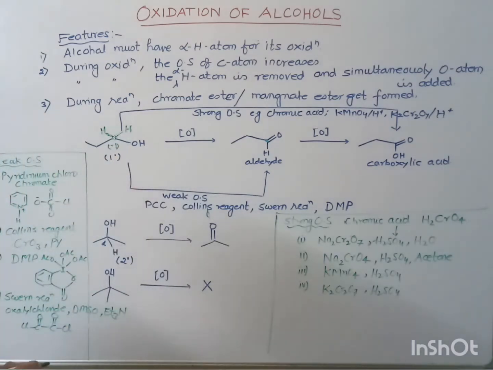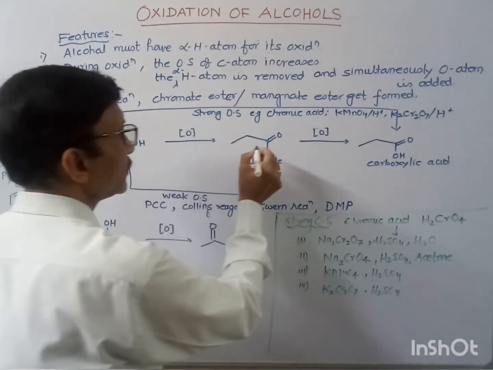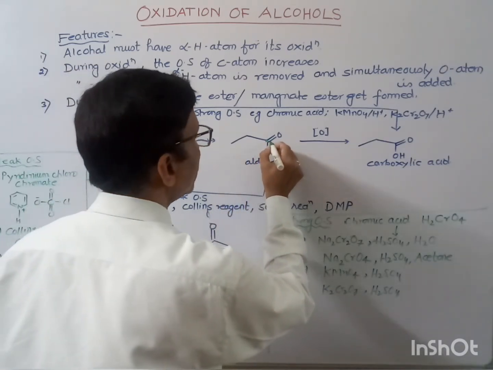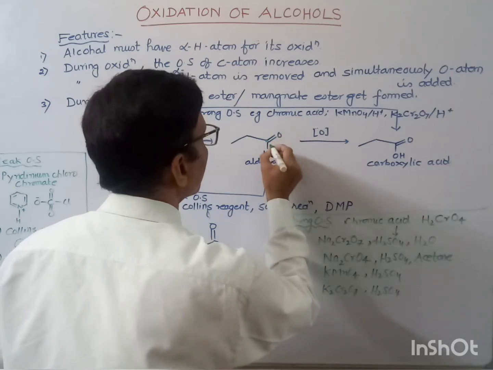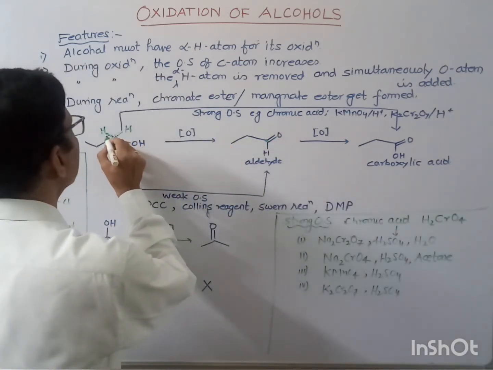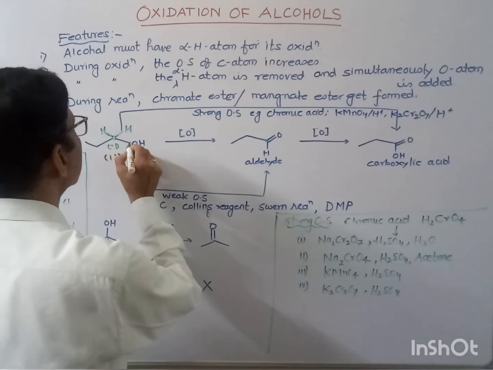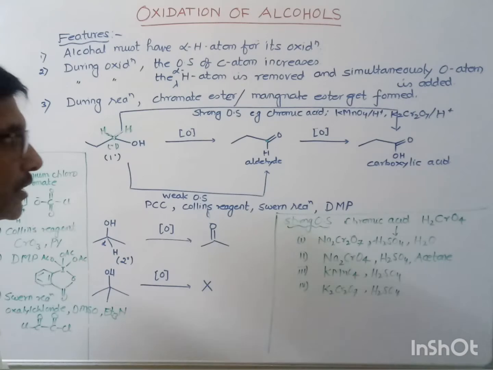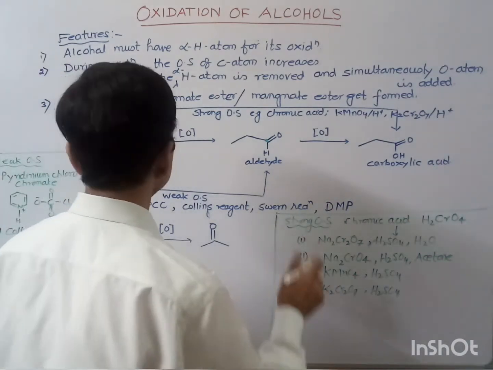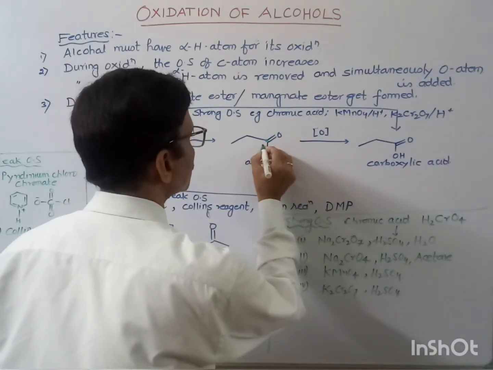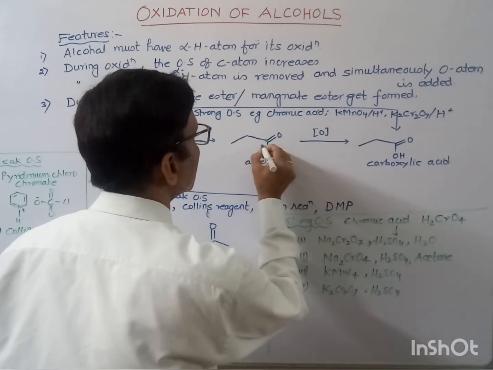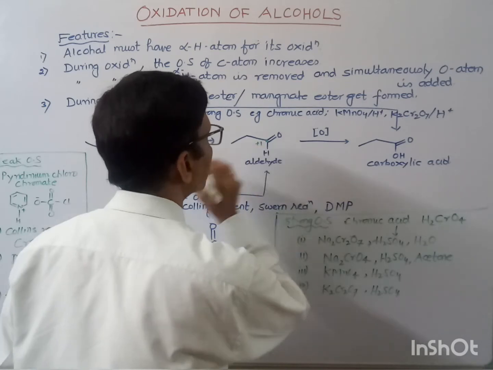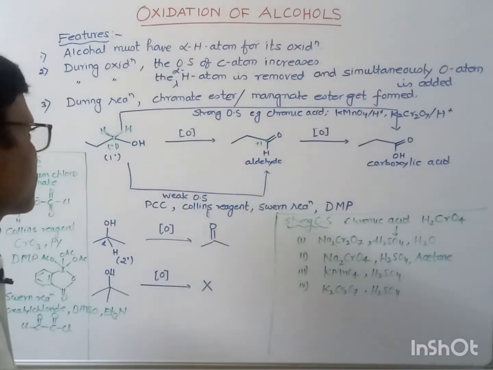How is it coming? Now here, the oxidation state of carbon is +1. So how is this oxidation state coming?